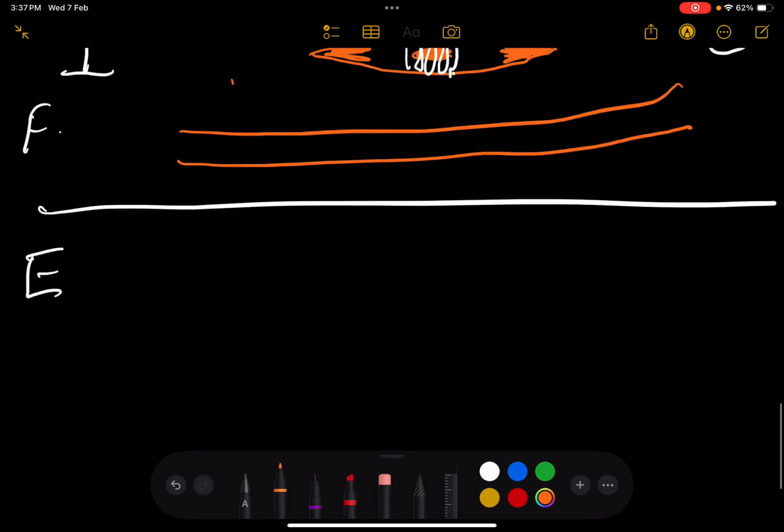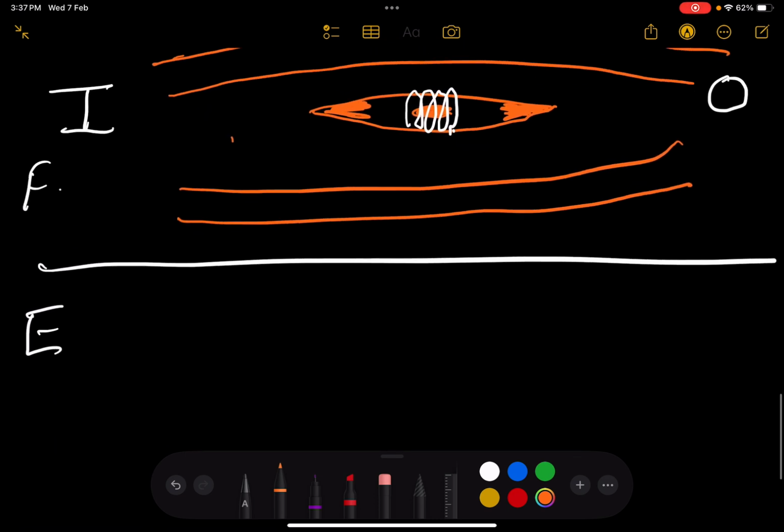The alpha neuron supplies the extrafusal fibers, and the gamma neuron supplies the intrafusal fibers of both sides.